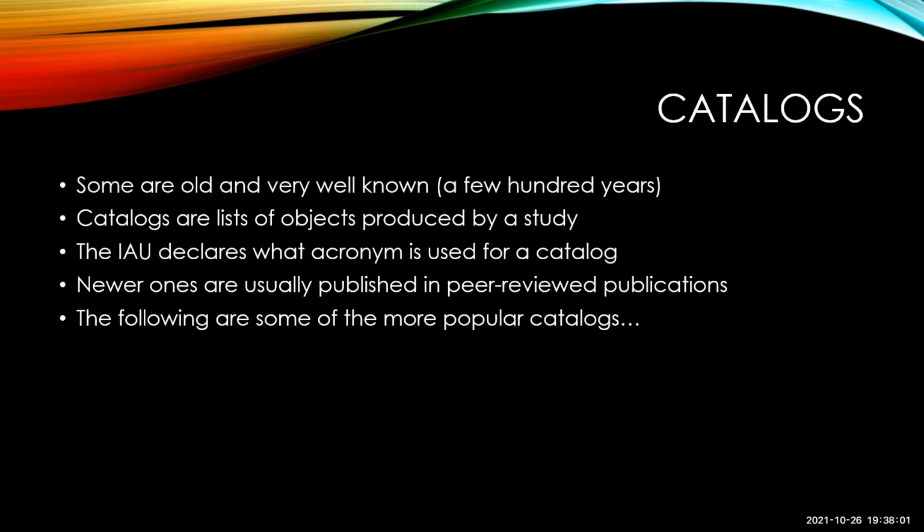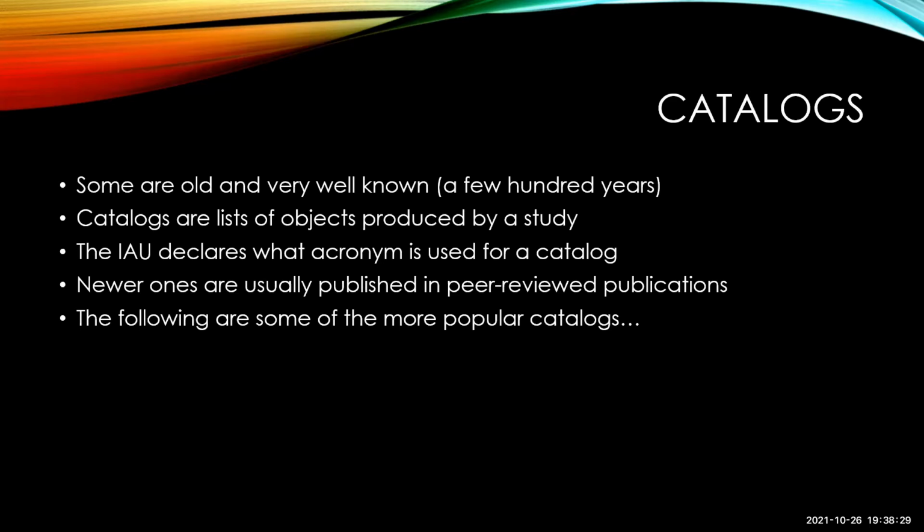So if you were to go to a clearinghouse of such objects like SIMBAD, you would find out that there are some catalog acronyms that are very commonly used. That is because the International Astronomical Union decides what name shall be used for a catalog, a prefix or an acronym or a mnemonic, whatever you want to call it.